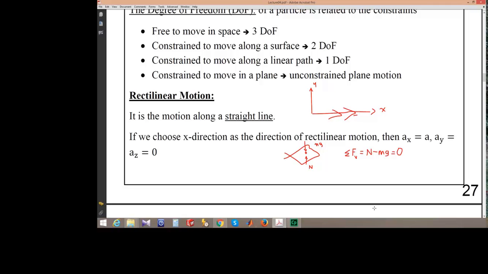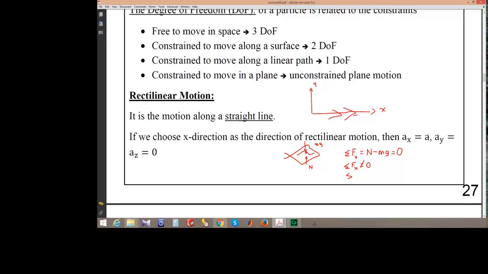But then the particle can have a motion on top of the plane like this. So it could have a path like that. In that case, now the summation of forces in the x and y directions, let's call them x and y now, will not be equal to 0. Not necessarily. It could be if there is no change in the velocity, but they are not necessarily equal to 0.